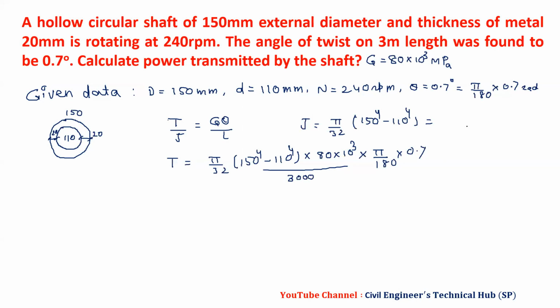So if you calculate this value, pi by 32 into 150 to the power 4 minus 110 to the power 4, it comes 35.33 into 10 raised to 3 millimeter to the power 4.